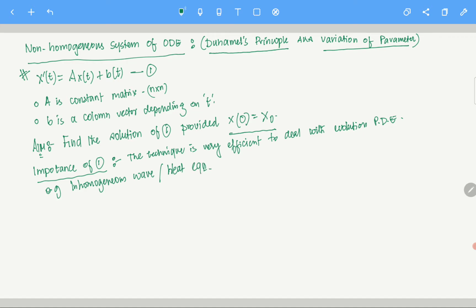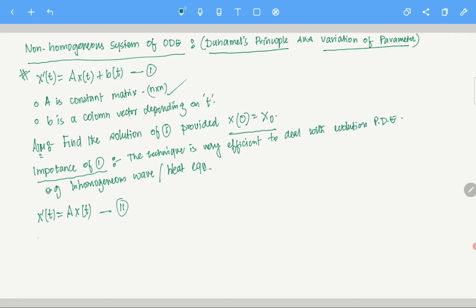Do you understand? So what is Duhamel's principle? First of all, look at the corresponding homogeneous problem: x prime of t equals A x(t). Let's just call it 2. Now how many linearly independent solutions are there? There are n, for given A an n cross n matrix.